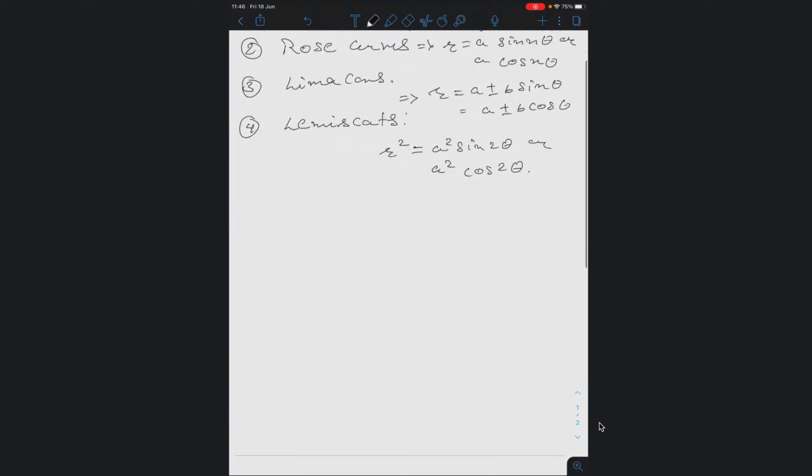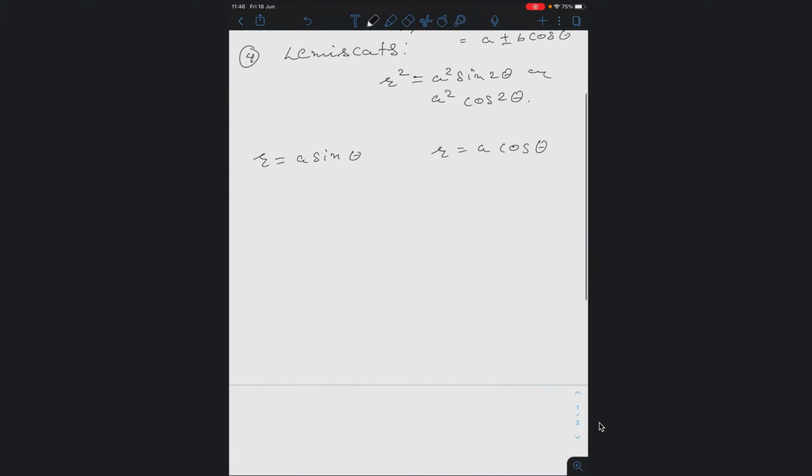The first one I'm explaining is circles. So both I'll consider here. Suppose you have r = a sin θ, or r = a cos θ. Remember, I already said in the previous classes that whenever you have a cos term, the major portion of the graph will be on the x-axis. Whenever you have a sine term, the major portion of the graph will be on the y-axis. But whether it is on the positive or negative y-axis will depend on a.